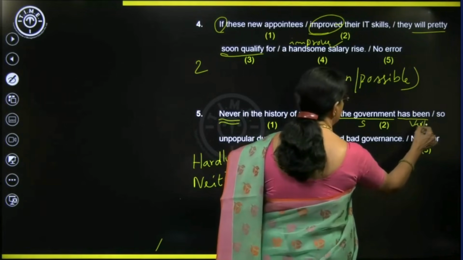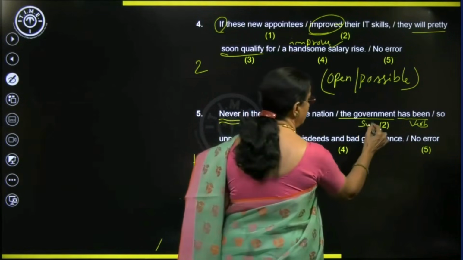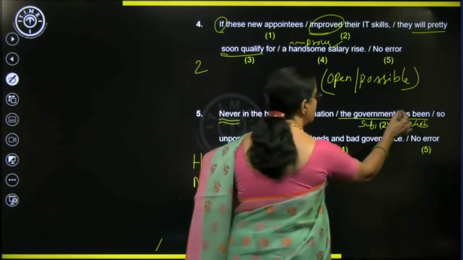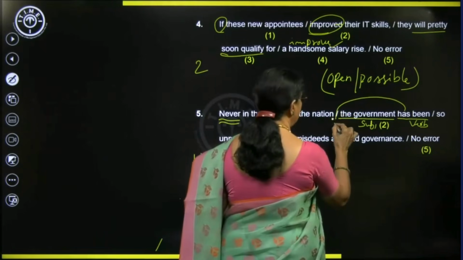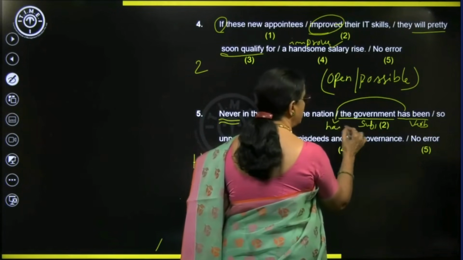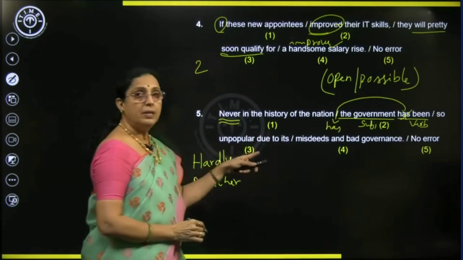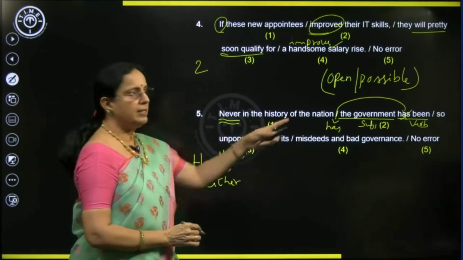Do you understand? So what should be done here? Write the verb first. So never in the history of the nation has the government been so unpopular due to its misdeeds and bad governance.